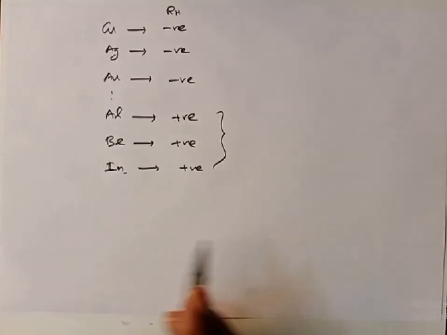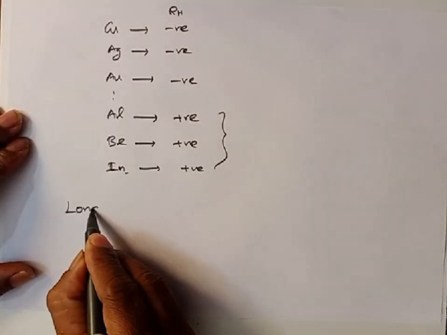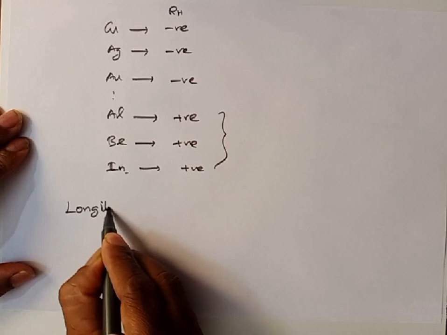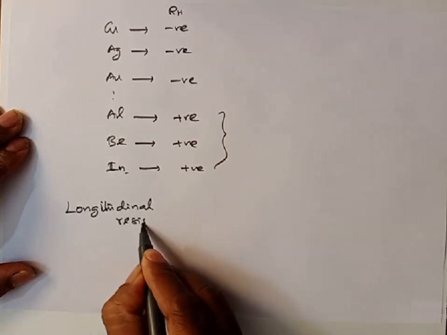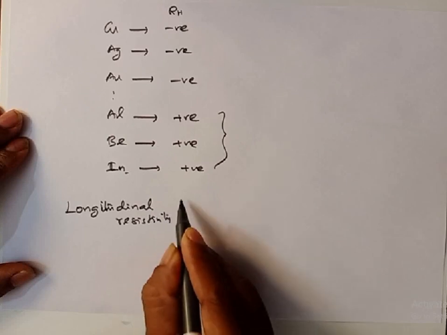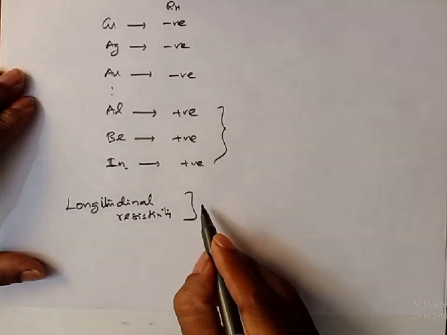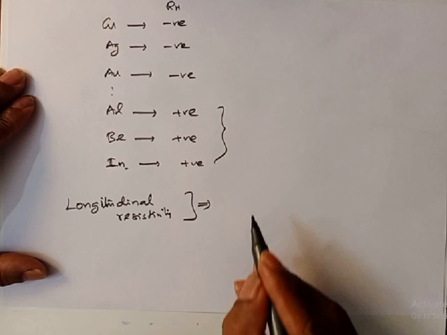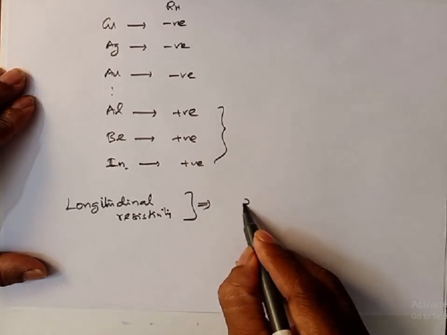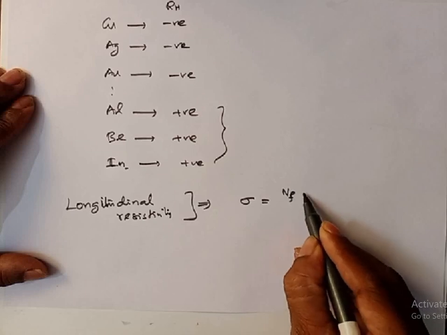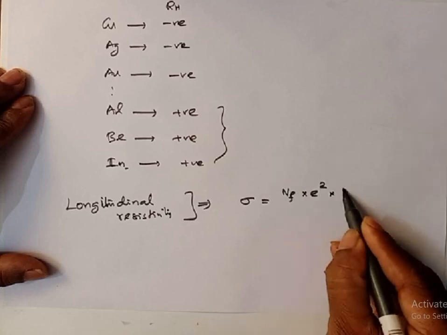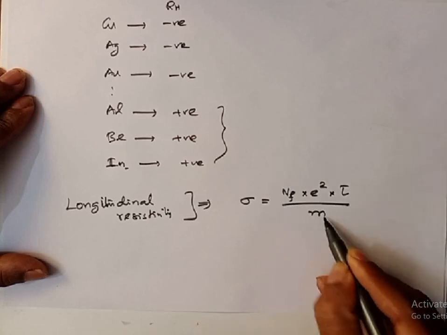Let me write here, longitudinal resistivity is also called Drude's resistivity. You know very well, according to Drude theory, conductivity is nothing but the number of free electrons per unit volume into e square into tau by the mass of the electron.